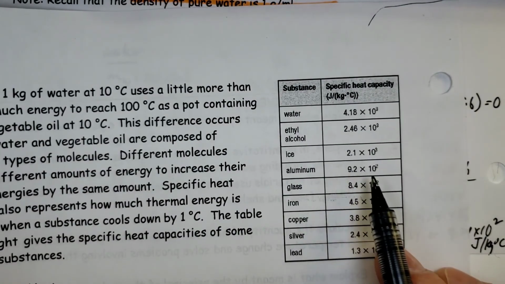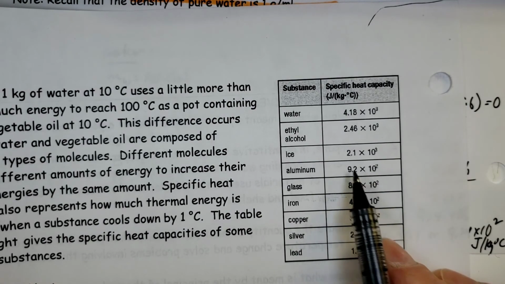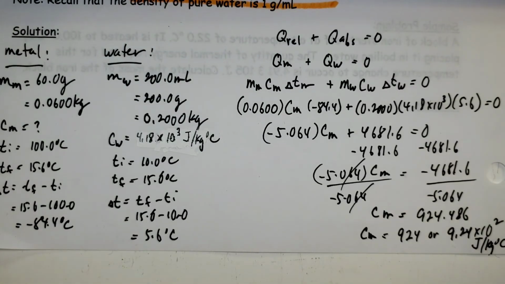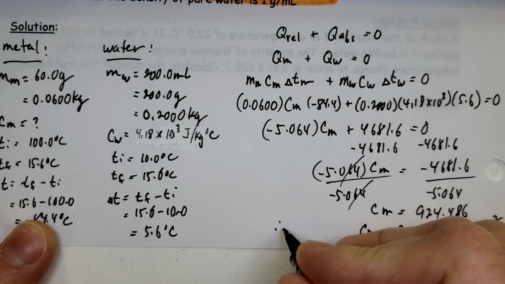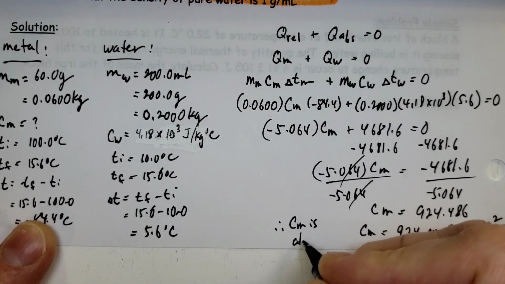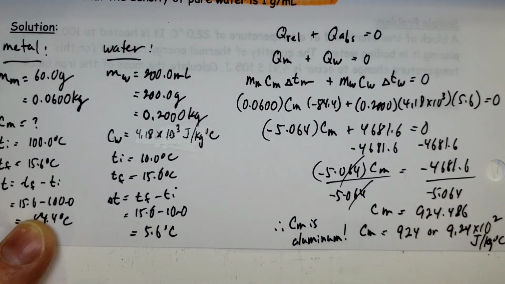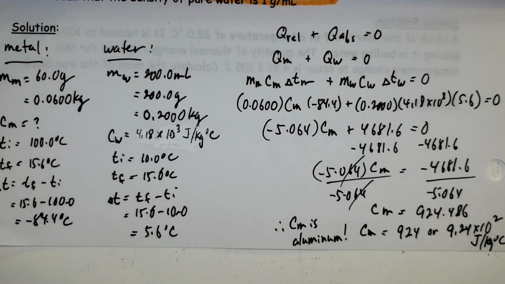There it is right there. 9.2 times 10 to the 2, or that's simply 920. So it looks like it's going to be aluminum. Therefore, Cm is aluminum.